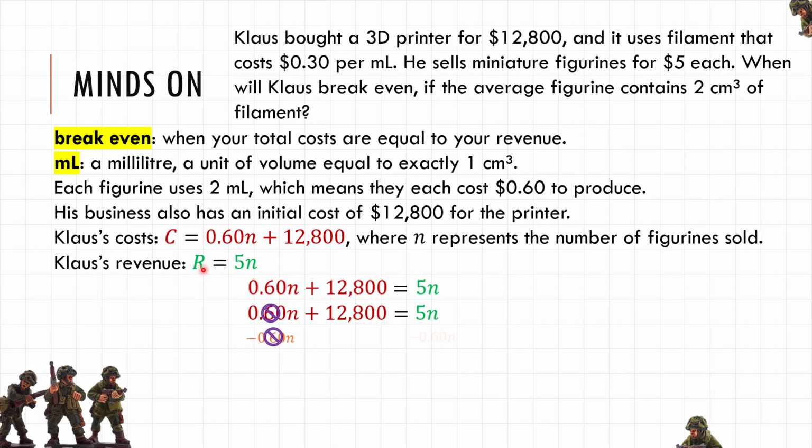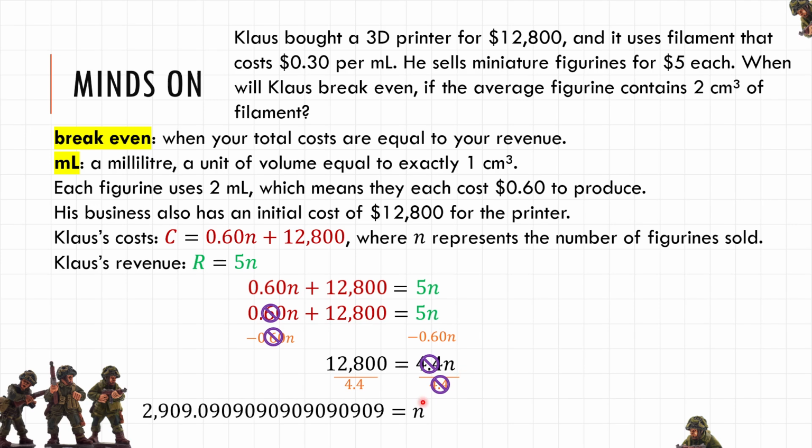To do that, let's isolate our constant here by moving this term over. We'll subtract 0.60n on both sides, and we're left with 12,800 equals 4.4n. And now we can divide both sides by 4.4 to find out that the value of n is about 2,909. Now, he cannot sell 0.9 of a figurine, so we do have to round this number.